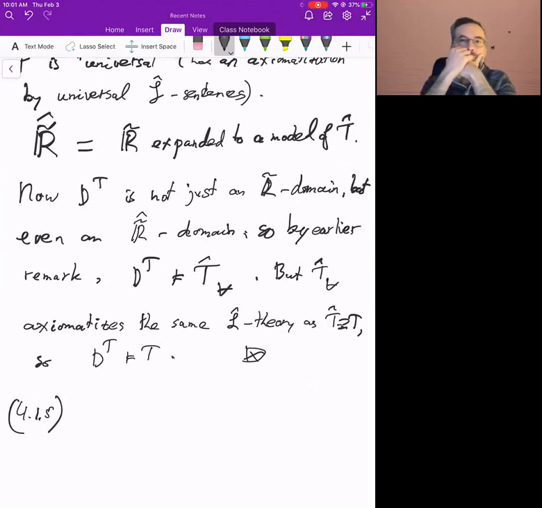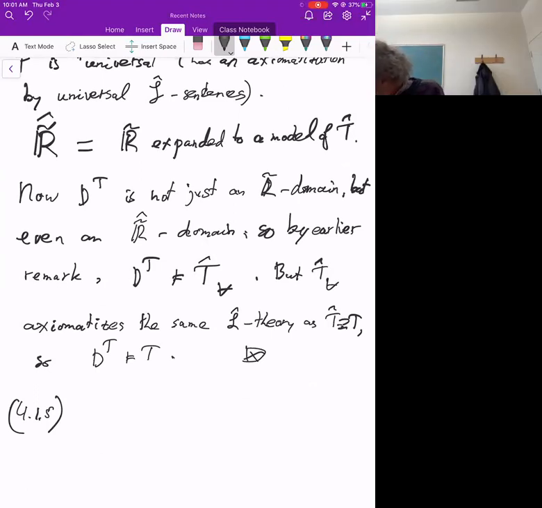Now this cheap trick also gives you at least one direction of the following corollary. You can ask, when is D, being an R tilde domain, a model of T?